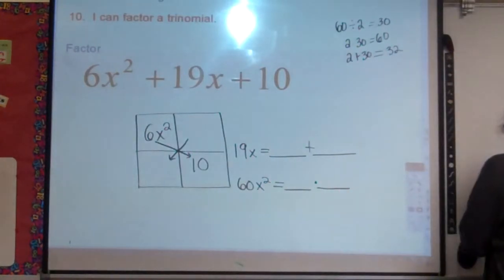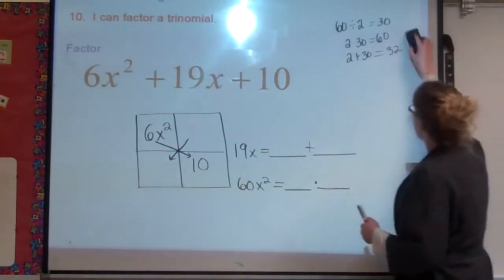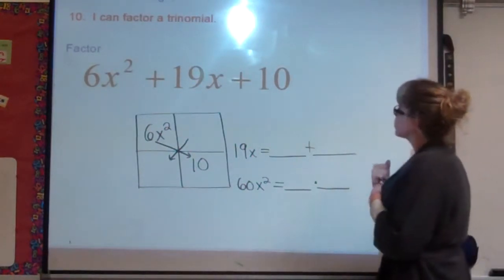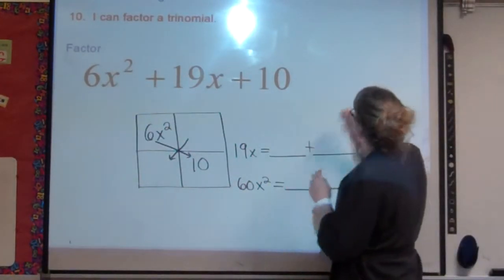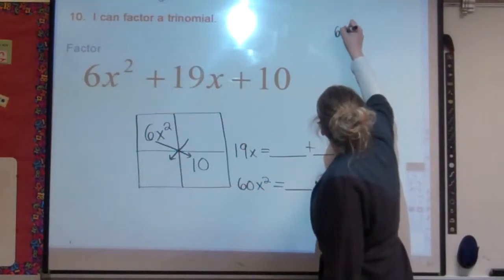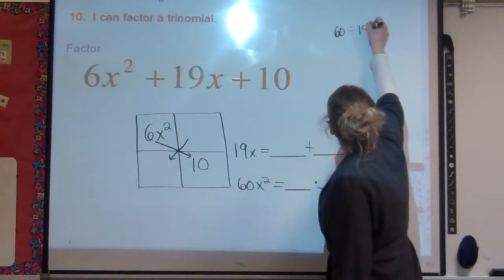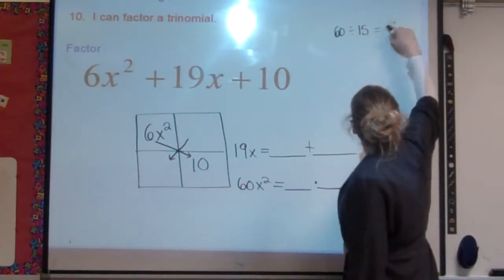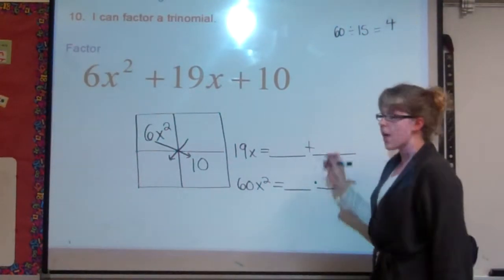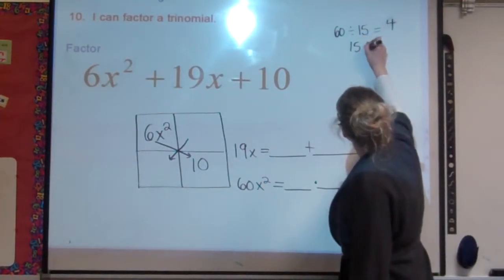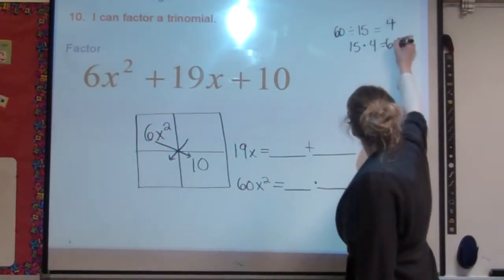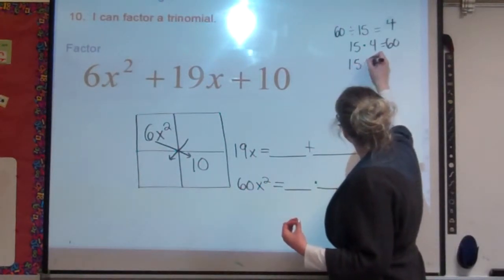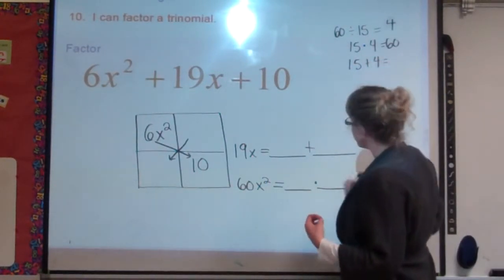So we need to start dividing by other numbers. And you can divide as many times as you want until you find the right answer. I tried 60 divided by 15, and that gave me 4. So that means that 15 times 4 is 60. And let's try, does 15 plus 4 equal 19?